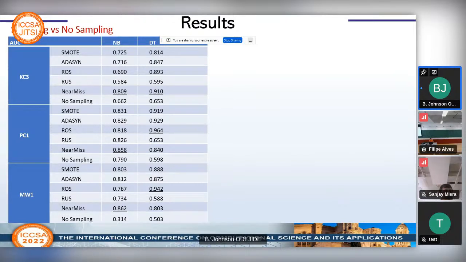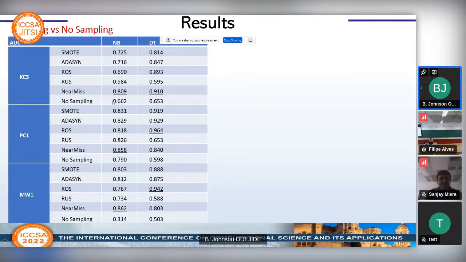So we observed that based on this study, we noticed that the sampling methods have an impact. Apart from the RUS, which is the random undersampling, the other sampling methods have an impact on the imbalanced data set.